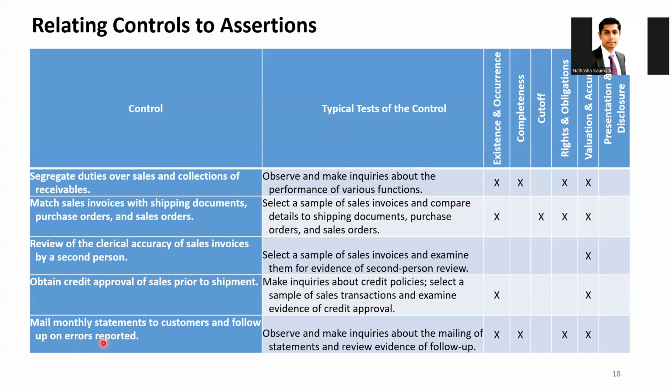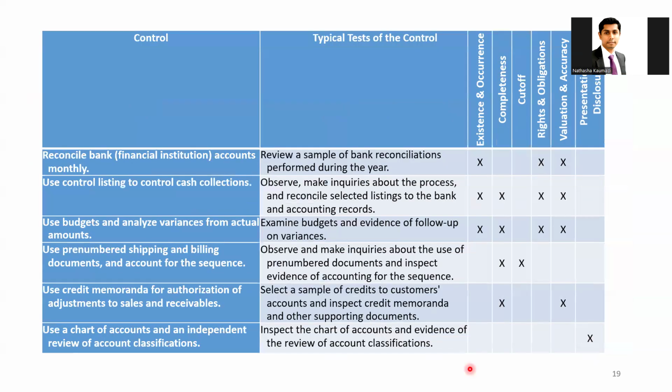So that shows the total amount due from a particular customer. So you observe and make inquiries about the mailing of the statements and review the evidence of follow-up: whether they have prepared the statement, whether they have emailed the statement, whether they have properly followed up. Likewise, you are going to check them. So that is how controls are tested.